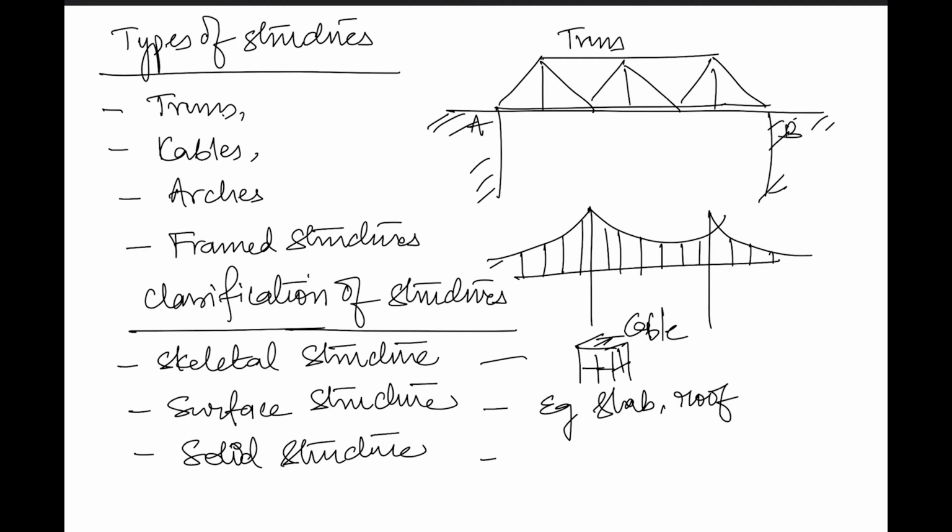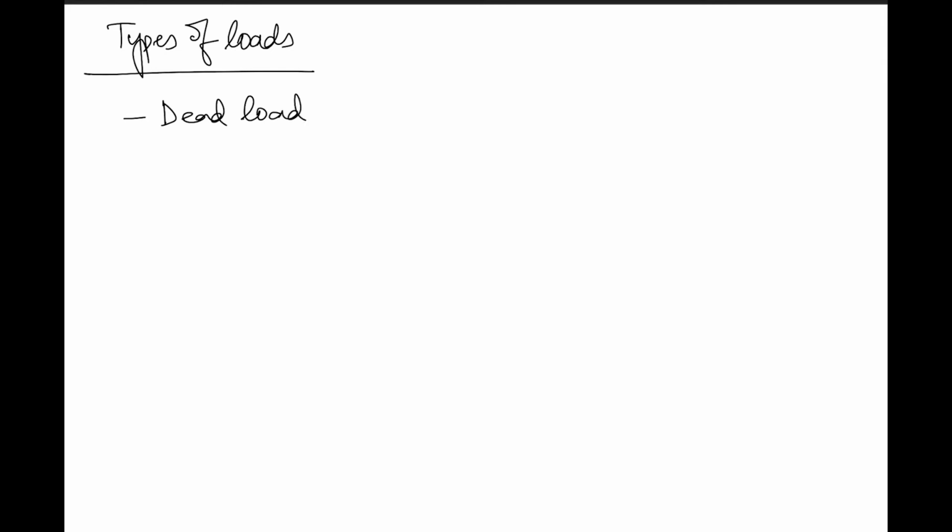So now moving on to the types of loads that can act on a structure. So what are the different types of loads? First and foremost load that acts on a structure is its self weight, or what you call a dead load. So how do you explain a dead load? Assume a slab, right? There's a slab, maybe this is on a second floor, and here we have a couch.